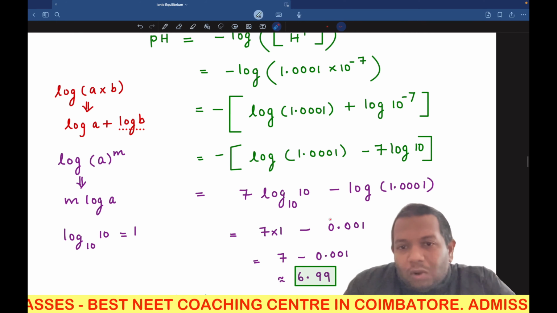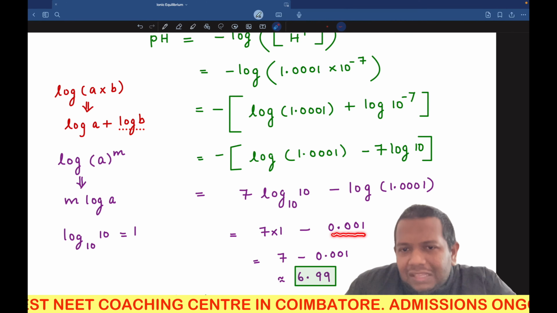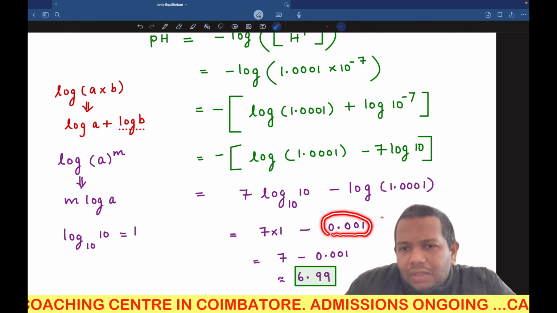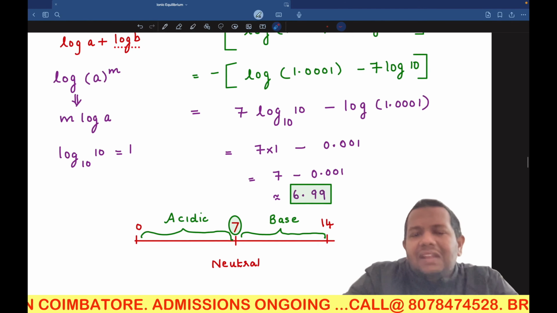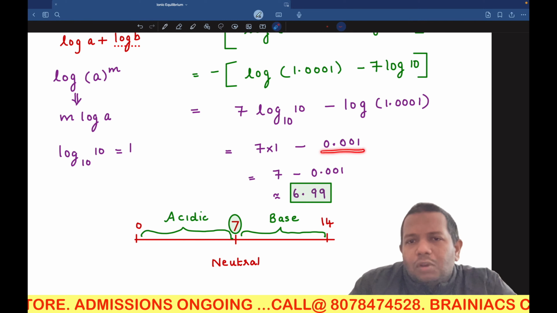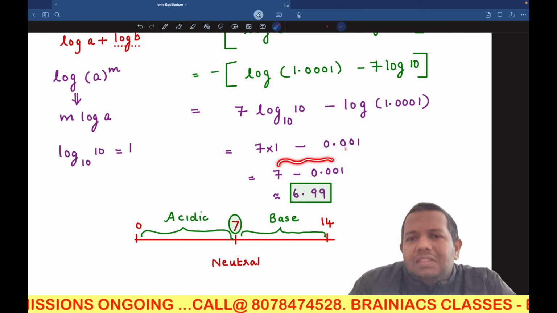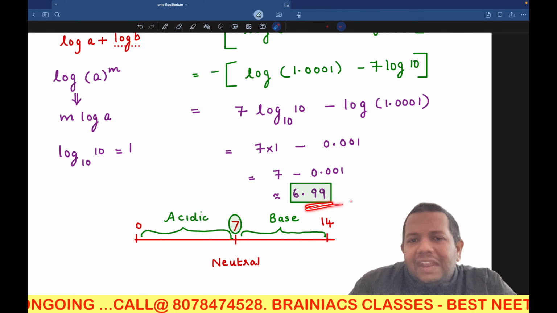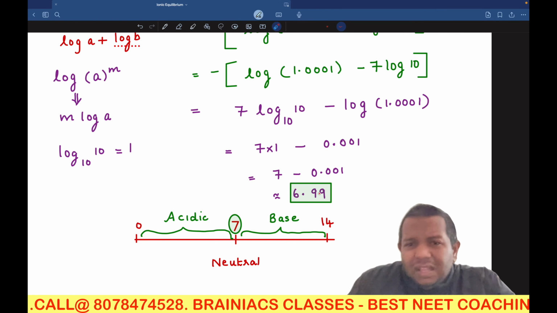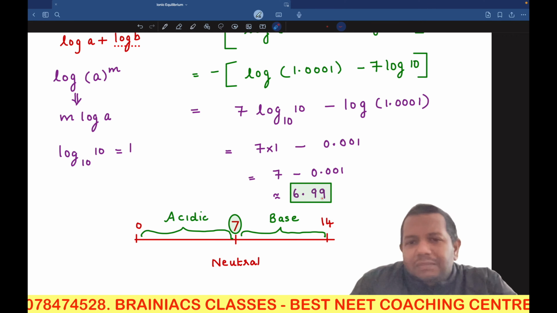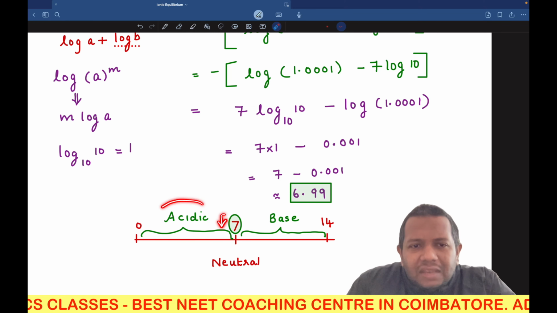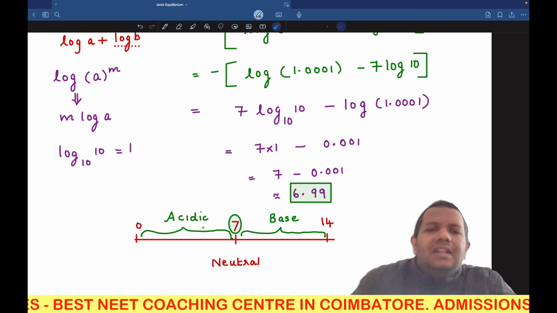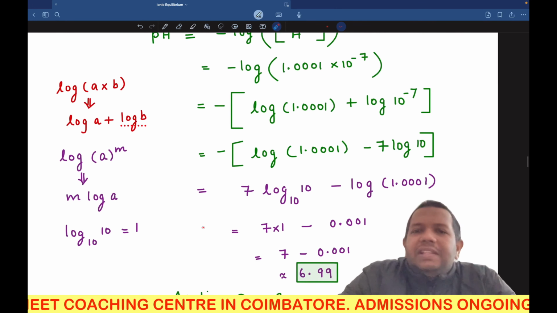I don't know exactly what value it is, but log 1 is 0, so I am putting it as a little greater than 0. That's why I kept 0.001. Anyway, 7 minus this value will come to 6.99, or 6.999, whatever it may be. So it is slightly less than 7, and hence we can say the compound is acidic in nature.